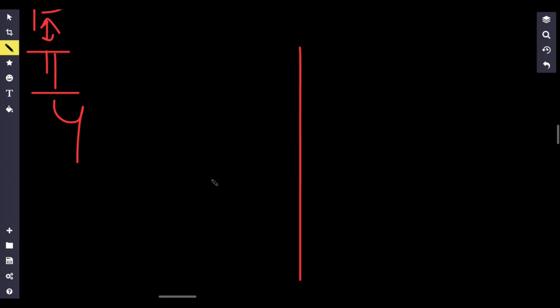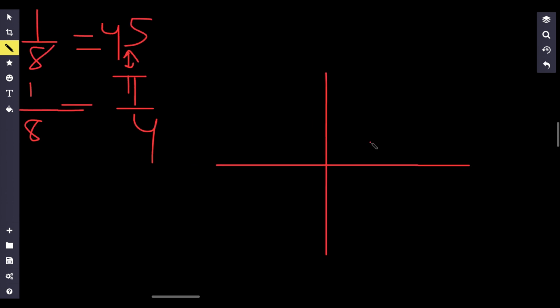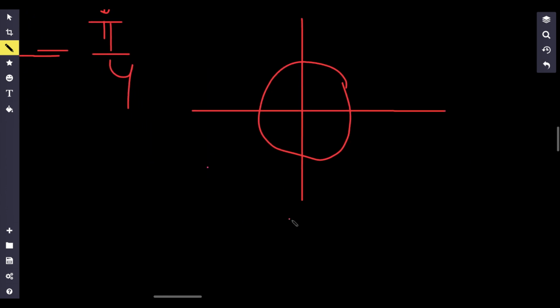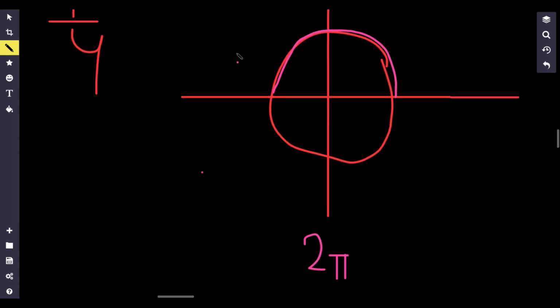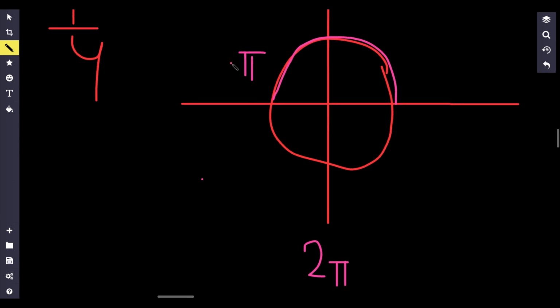Now, here are a couple of extra things about radians. We know the whole circle is equal to 2 pi, right? And if the whole circle is 2 pi, half the circle has to be pi, half of 2 pi.